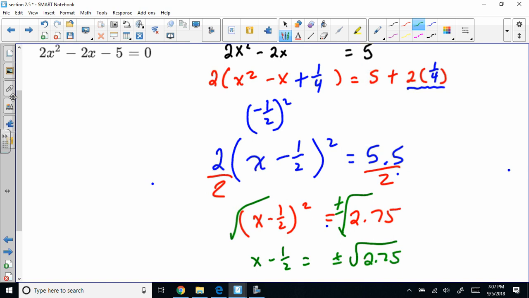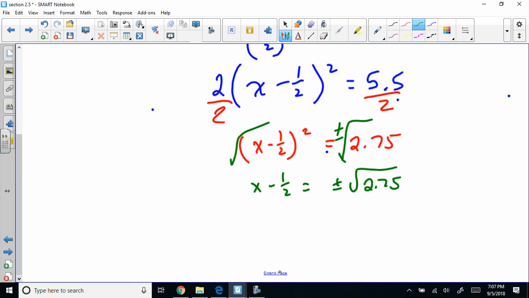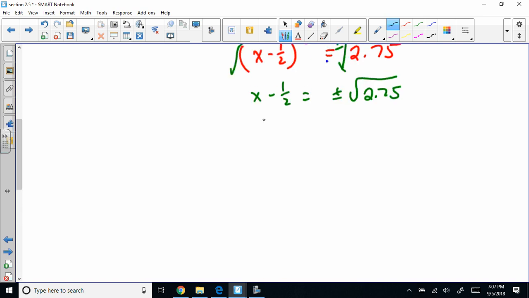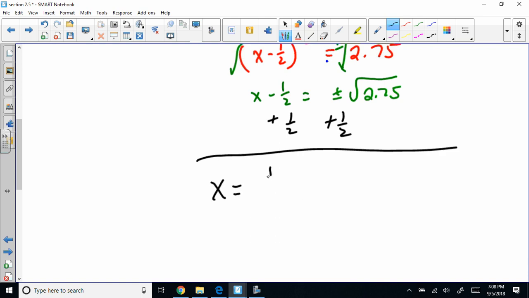The numbers aren't pretty, I'll just go ahead and tell you that. But it's at least doable. So let's look at it some more. I'm going to add 1/2. So x is going to equal 1/2 plus or minus the square root of 2.75, right? I got to make that be a 7 and not a 2. Okay.